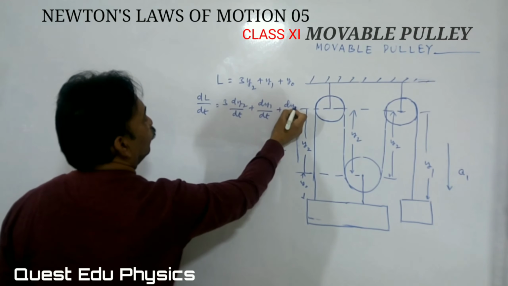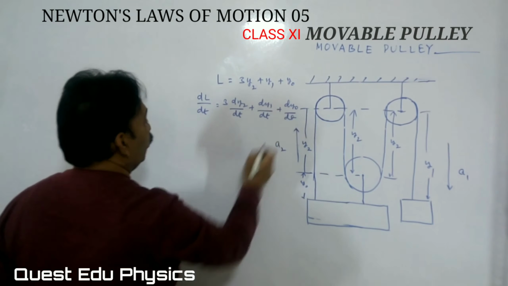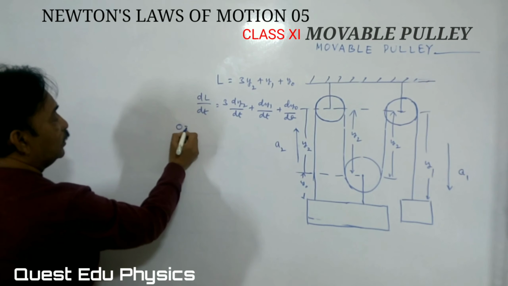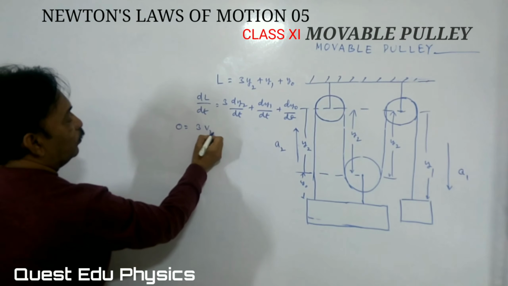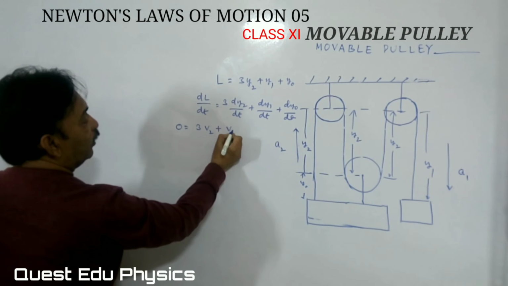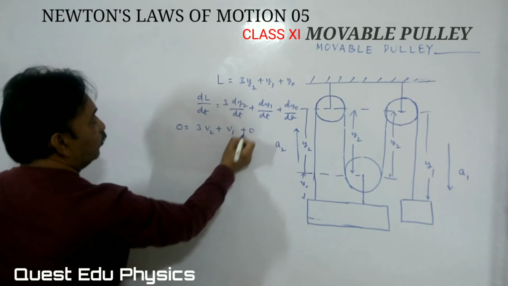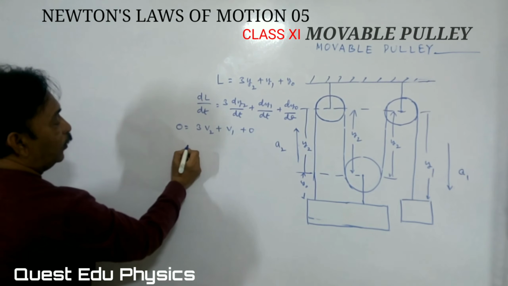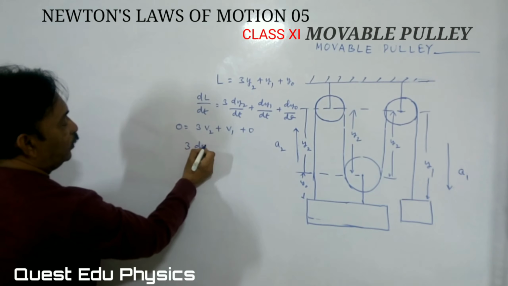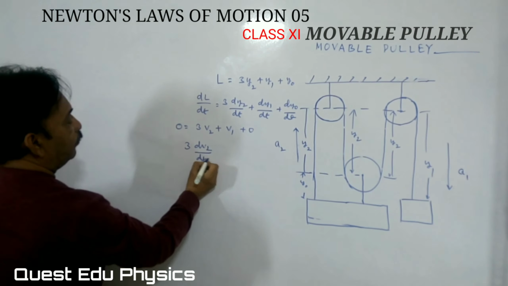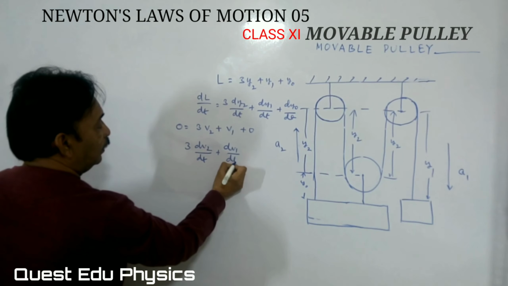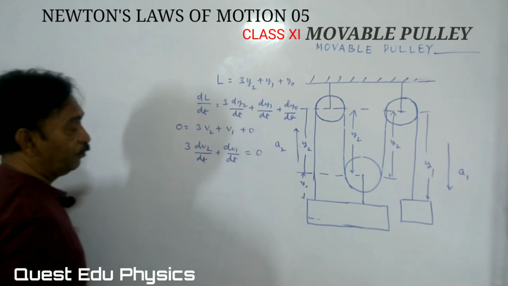Here it is equal to 0, 0 is equal to 3v2 plus v1 plus 0. Again differentiating with respect to time, we get 3 of dv2 by dt plus dv1 by dt is equal to 0.